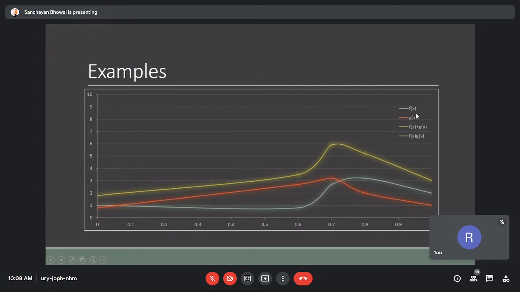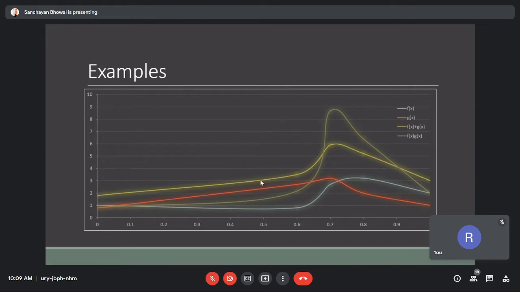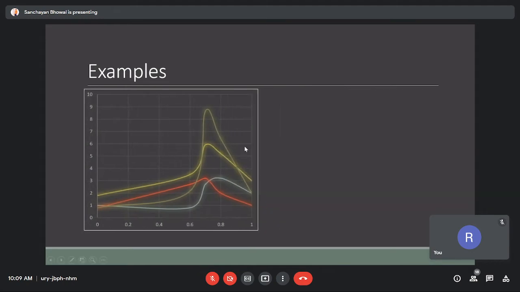As you know, adding two continuous functions gives a continuous function. Similarly, we can multiply and get f(x) times g(x), and as you know, this is continuous again. So we can say that continuous functions form a ring.